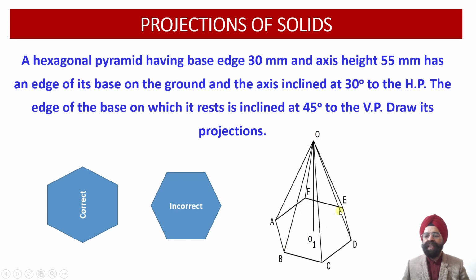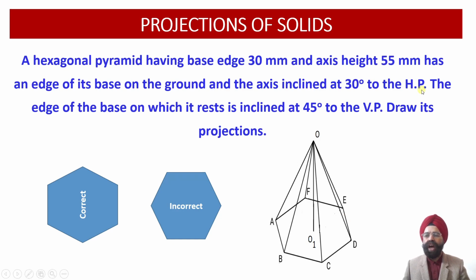And now since it will be resting on one of its base edges onto the horizontal plane, the projection of this base edge onto the horizontal plane will appear as true length in the top view projections.